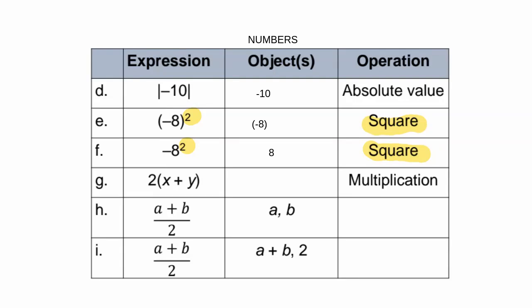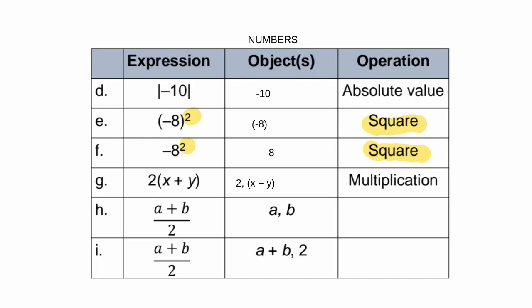Now, we're getting into some more interesting ones. The operation for G is multiplication. Now, this is going to have 2 parts to it. We are multiplying 2 and then parentheses x plus y.